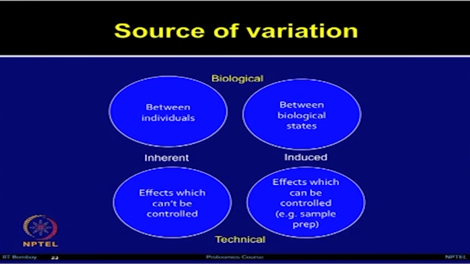Those biological variations are very tough to eliminate, but there are a lot of technical variations which can be improved during sample preparation, during the IEF settings, and during equilibration steps.